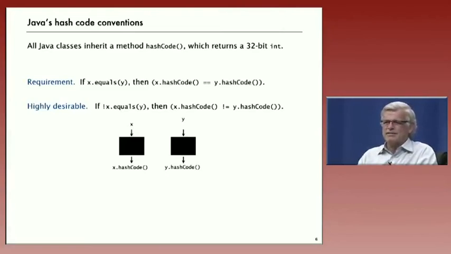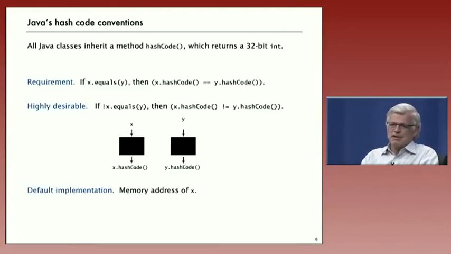That is a convention built into Java, and that enables the hash code to be used for hashing. Also, of course, if they're not equal, then you'd like their hash codes to be not equal, but you can't always get that.